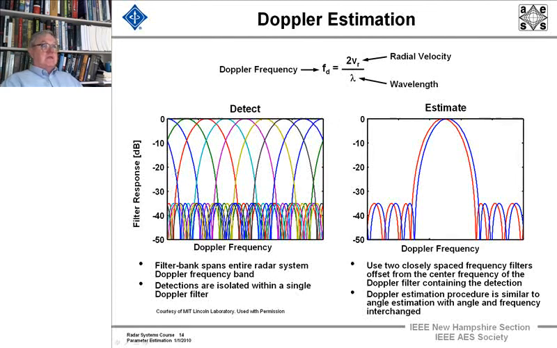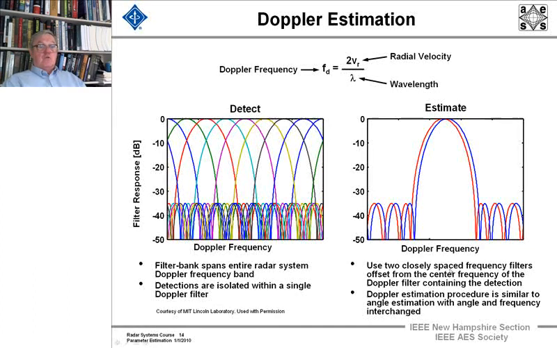And the way we detect targets in a pulse Doppler radar is to set up a bank of filters. A filter bank spans the entire radar system Doppler frequency band. And the detections are isolated within a given Doppler filter that pass threshold much of the time.